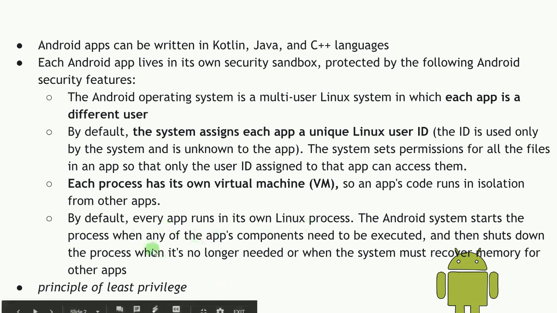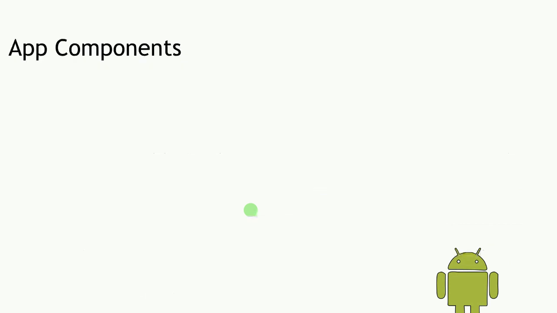The fundamental behind Android is that it follows the principle of least privilege. What it means is that you will be given only those resources to run your app which your app actually requires, right? So that also makes sure that your app is not a burden to the Android OS.